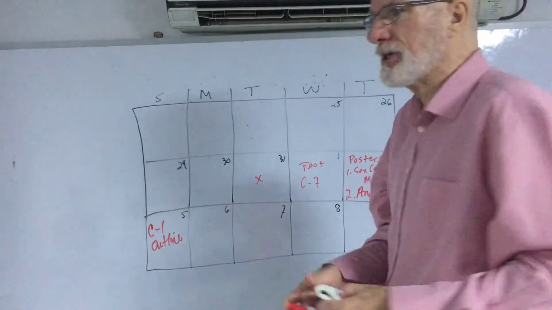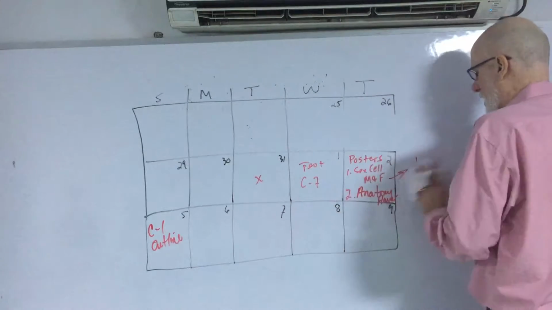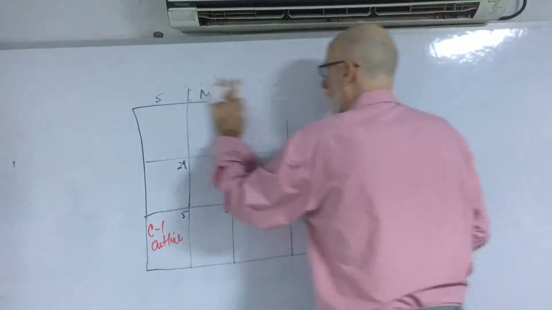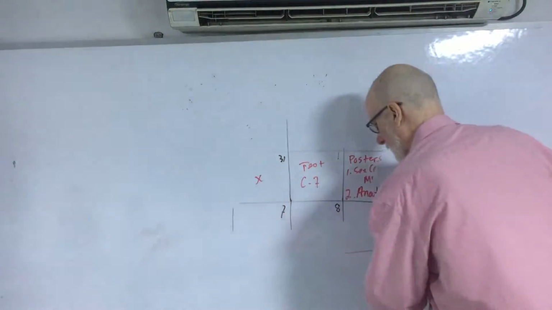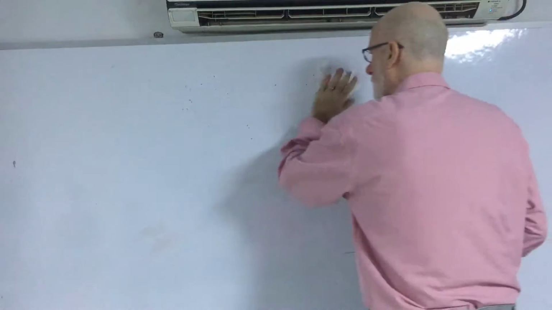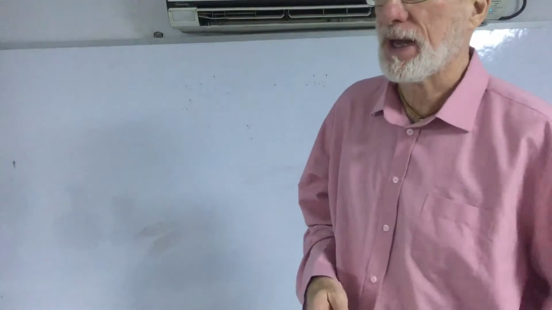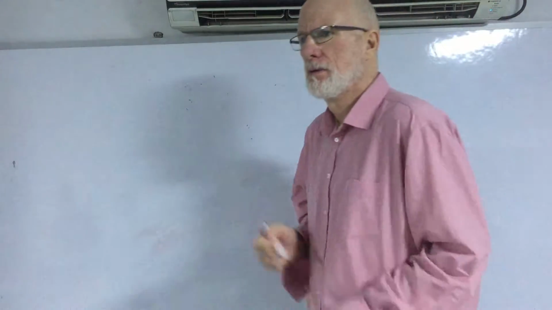So check sections 3, 4, and 5. Sections 3, 4, and 5 are about what? About the flower, correct? Plants. The reproductive component parts of the plant. Clear? So, what do we got?